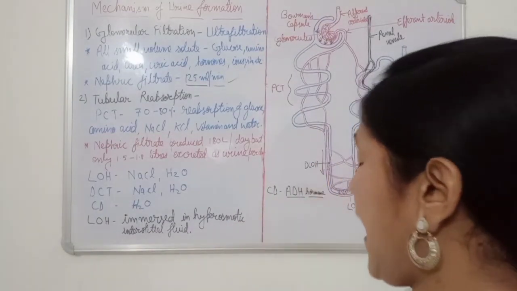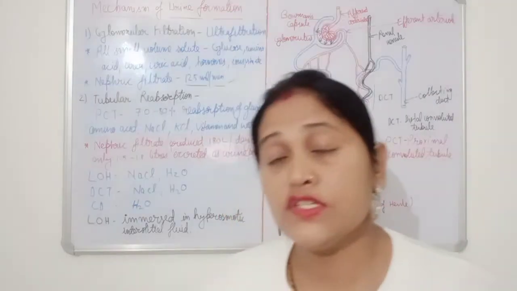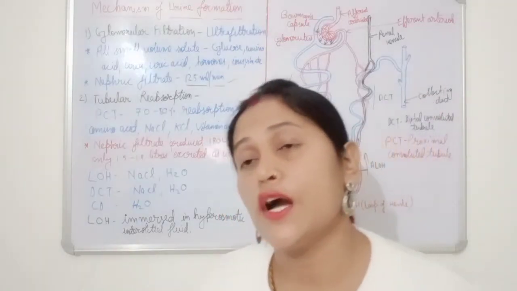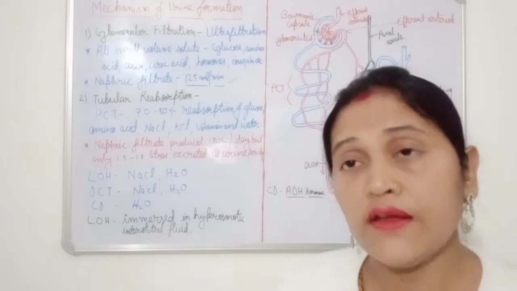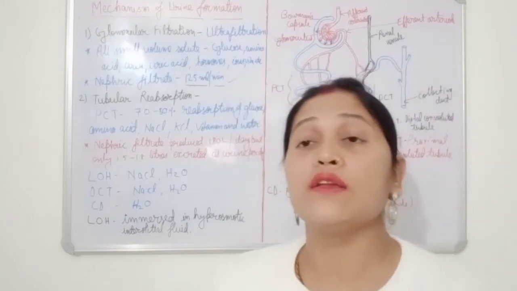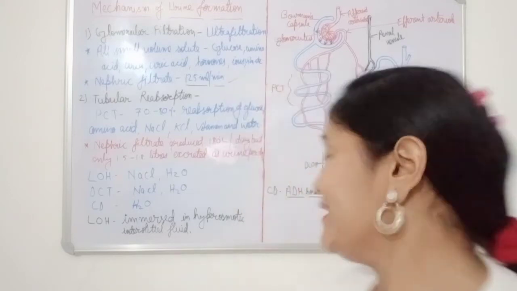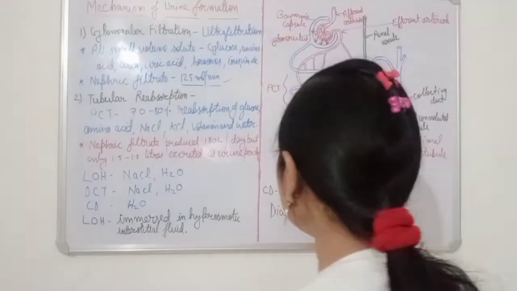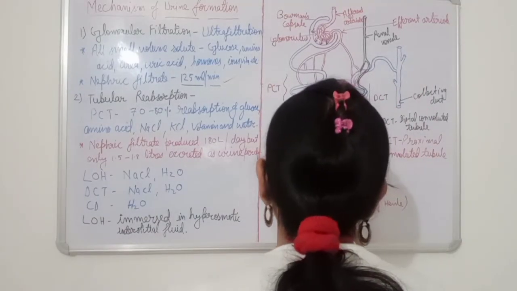If there is a deficiency of ADH hormone, if ADH secretion is not well regulated in our body, then it causes a disease known as diabetes insipidus.